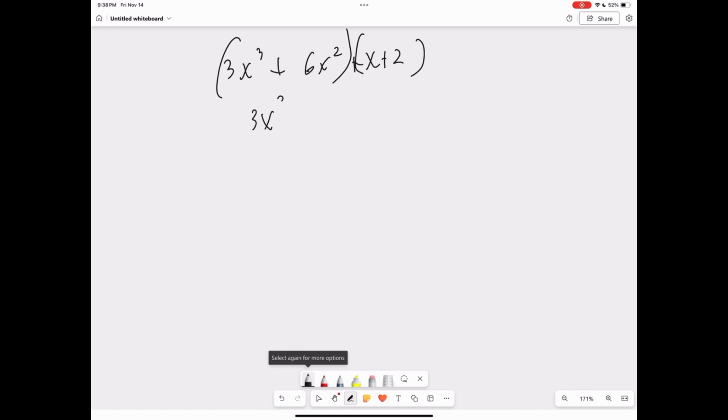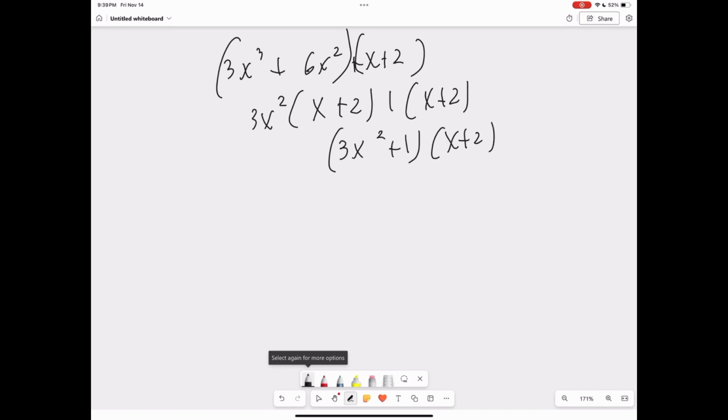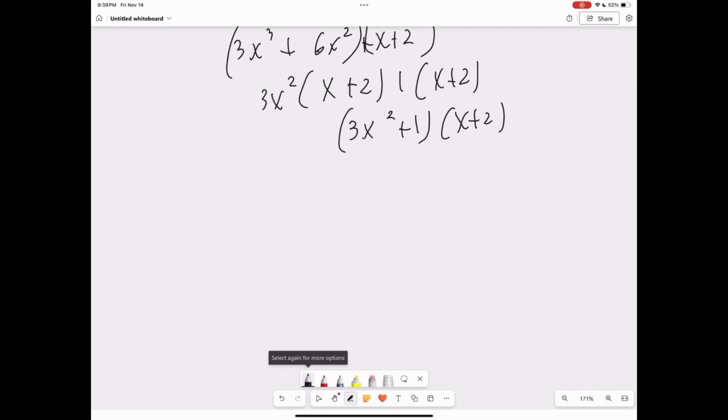So this becomes x plus 2. You can always take out a 1 out of any factor, but it doesn't really change it, but we need it in this case. So this is our answer. Okay. Great. So this is our grouping. We just did that before. You can always check your answer.